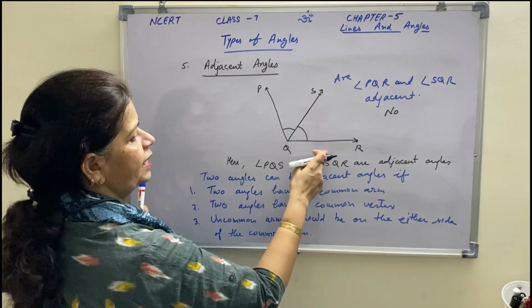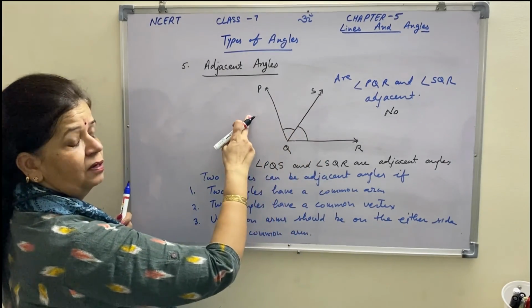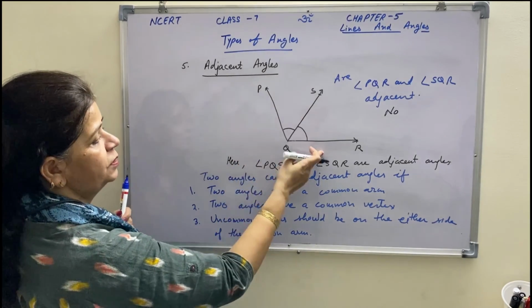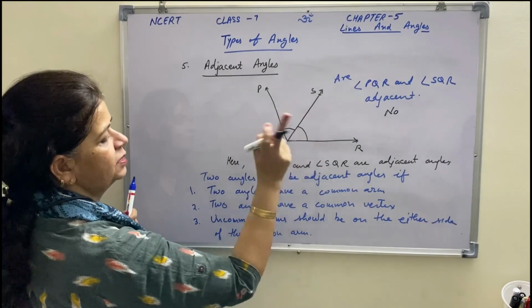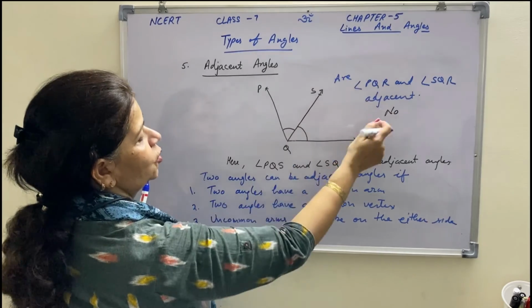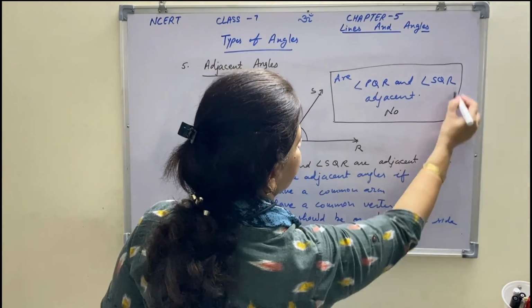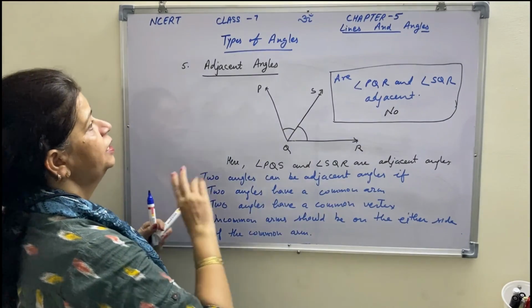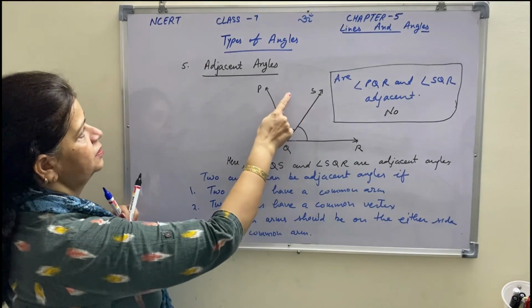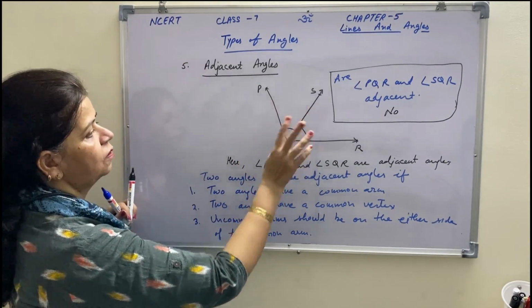It is on one side and the uncommon arms are on the same side. They should be on either side, one this side, one this side. So they are not adjacent. This I have discussed with you, and this way you can check whether angles are adjacent or not.